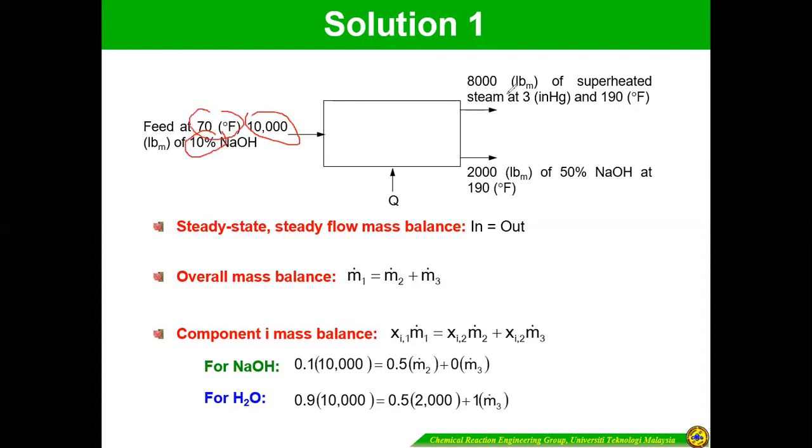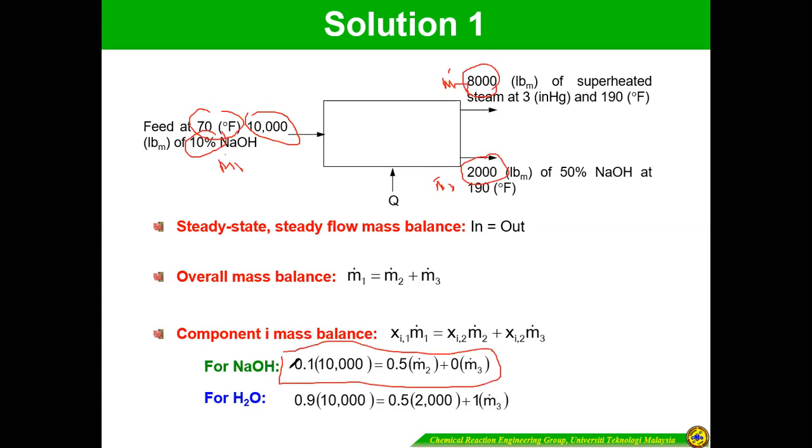This one we consider as M1, this one M2, and this one M3. We have to determine M2 and M3. Once you do the mass balance for the NaOH, which you have learned already, you can calculate M3 as well as M2. This is the value.